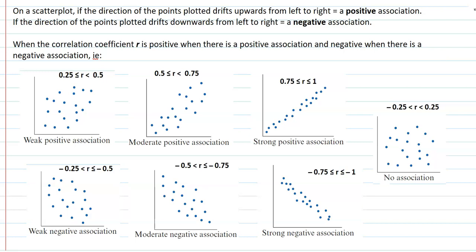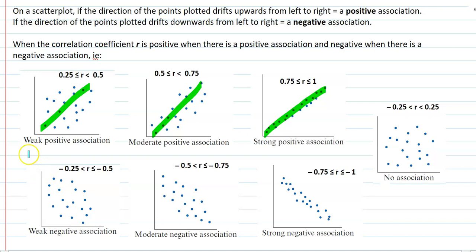So what are we looking at when we're looking for a positive association? Well, if our points drift upwards from left to right, we have a positive association. And depending on the spread of the points, we can visually say it's weak, moderate, or strong. And you can see that all three of those examples have a positive association happening there.